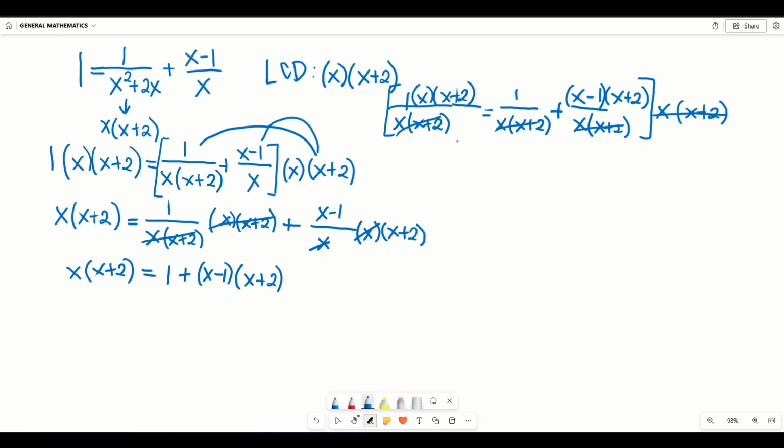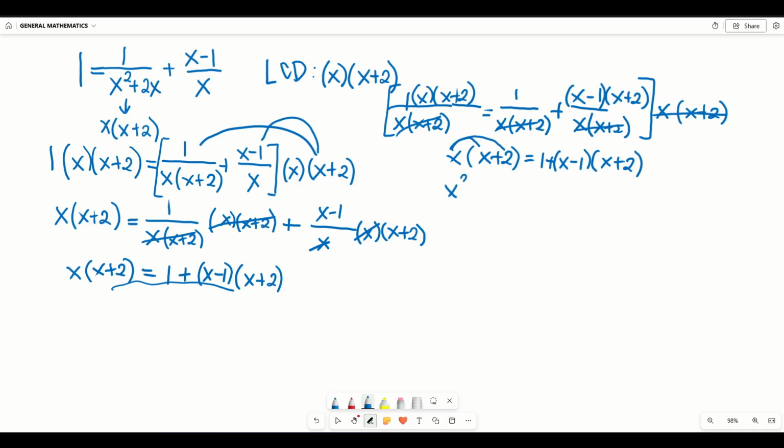And ang matitira is x times x plus 2 is equal to 1 plus x minus 1 times x plus 2, which is the same dun sa nakuha din natin dito. Okay? So, simplify lang natin to. So, si x dito, I need to distribute this.